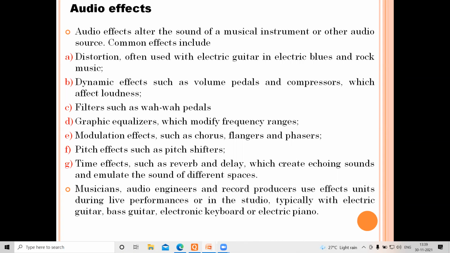Then you have wah-wah pedals, which are employed with physical instruments, therefore there will be an impact on this. Then we normally use graphical equalizers, which modify the frequency ranges. Then we have different modulation effects, might be chorus, flangers, phasers, etc.